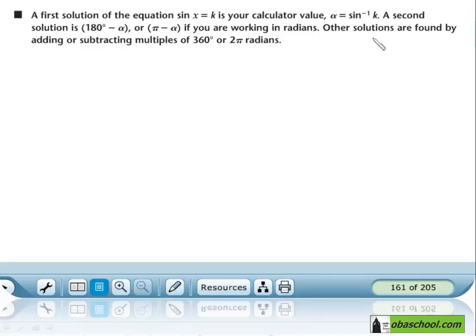Other solutions are found by adding or subtracting multiples of 360 degrees or 2 pi radians. This depends on how the interval of the angle is defined. Do not memorize this as a rule. Always rely on the quadrants because you know when these trigonometric ratios are positive or negative. So check which quadrant satisfies the relation, then you can find the angle.